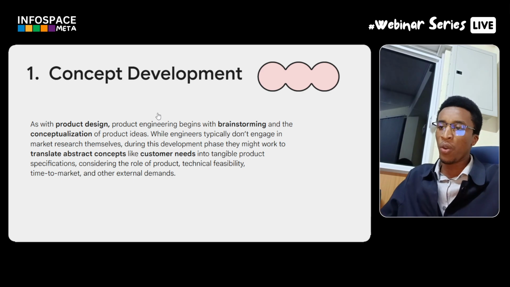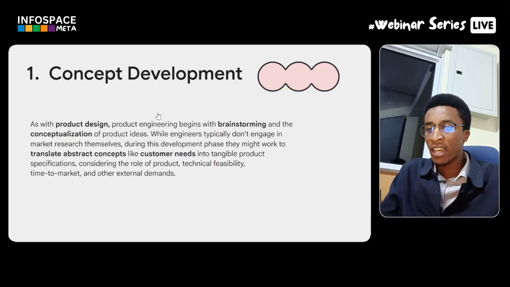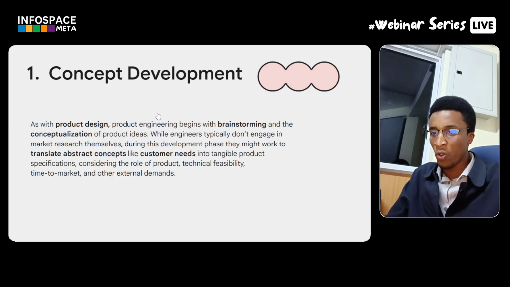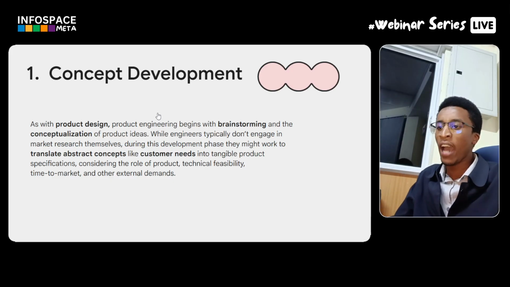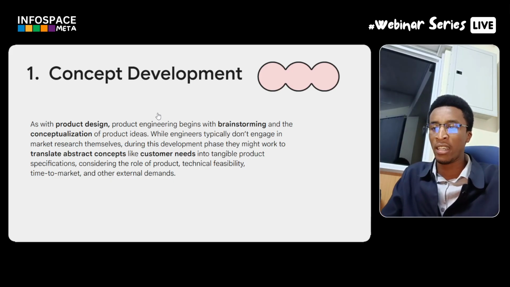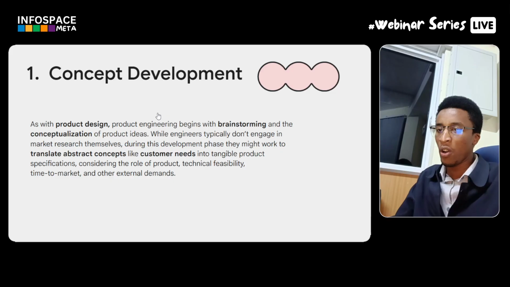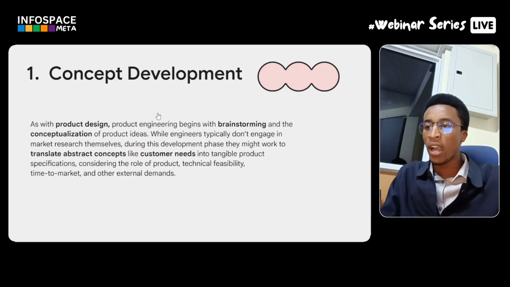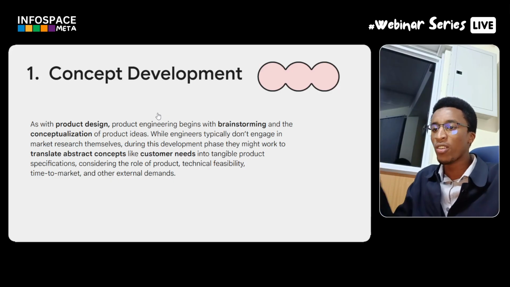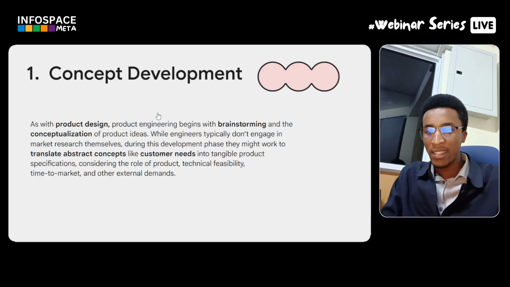So as with product design, product engineering begins with brainstorming. So anything to do with brainstorming, that's where ideation comes in, and conceptualization of product ideas. Ideas are the big thing there. While engineers typically don't engage in market research themselves, during this development phase, they might work to translate concepts like customer needs into tangible product specifications.